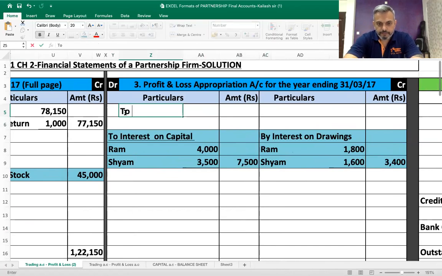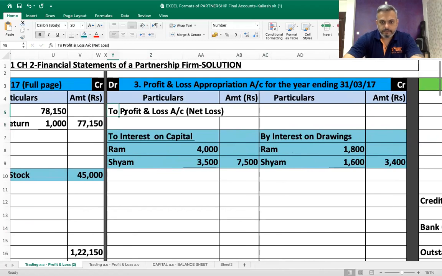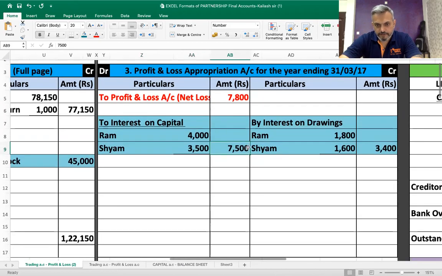To profit and loss account, net loss, 7,800. Now here we have to see which side is more. Again, here debit side is more.